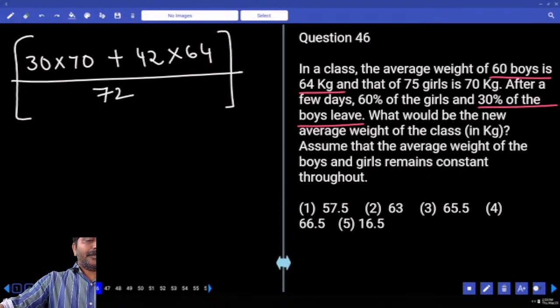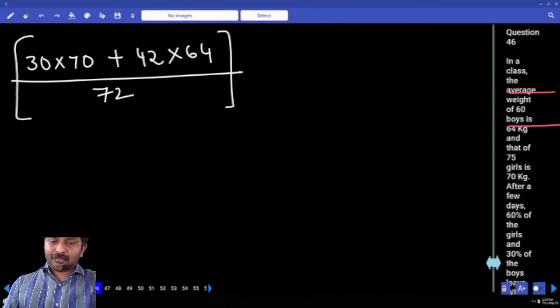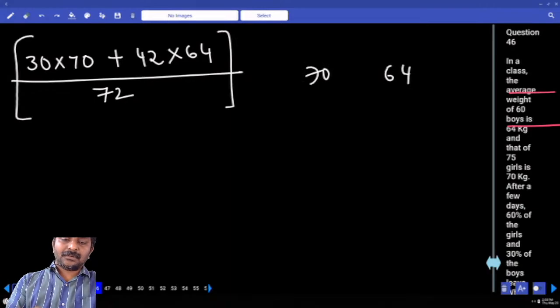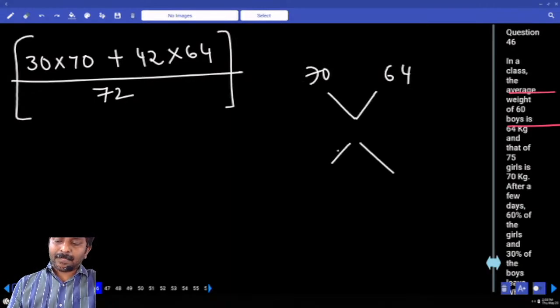This is one way. The other way is 70, 64. This one we need to calculate. And the ratio is 6 5 times, 6 7 times.